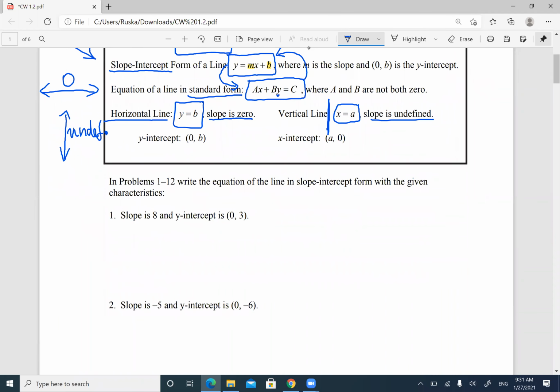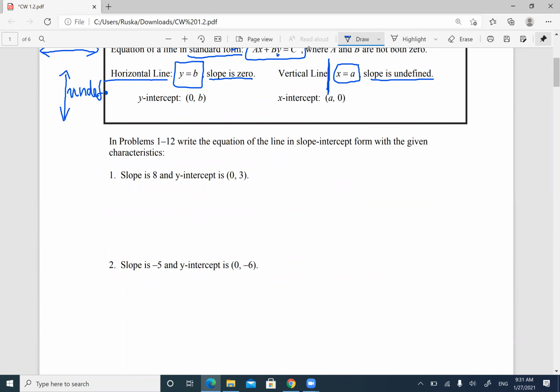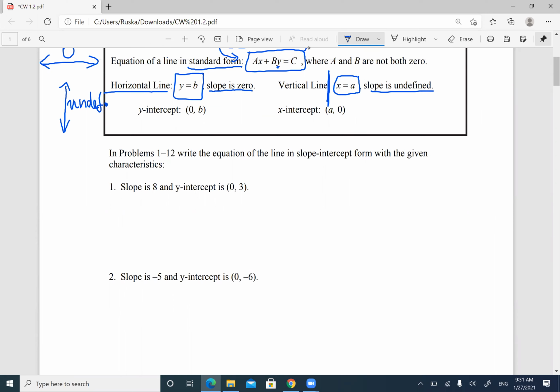So number 1, they give me the slope and they give me the y-intercept. So what you need to do is find the equation. And it says write the equation in slope-intercept form. You always have to read how they want the answer. Okay, so if they want it in slope-intercept form, then we have everything we need. The equation for slope-intercept is y equals mx plus b.